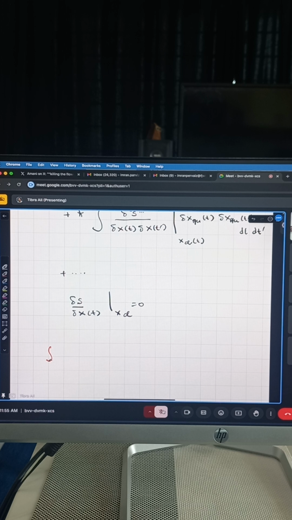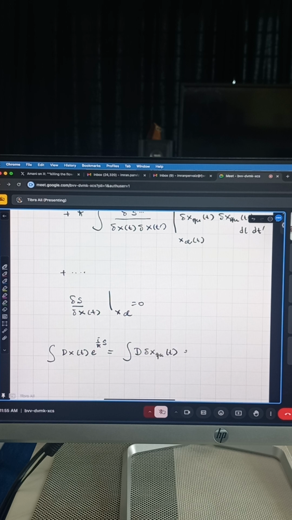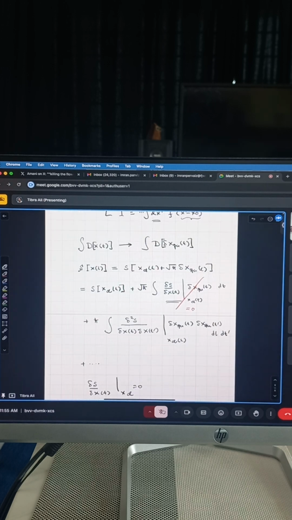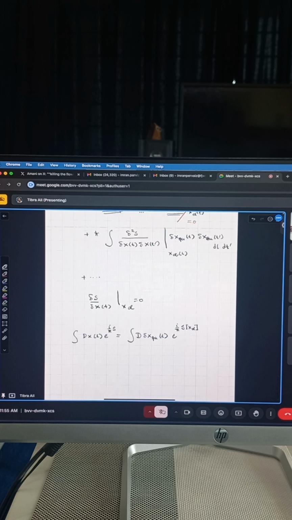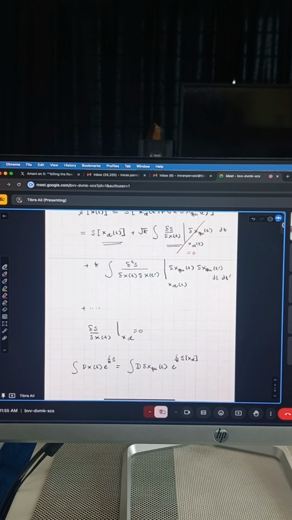So our path integral, which was before like this, now becomes an integral over the quantum paths. Now the leading term is the action evaluated on the classical path, and then this first order term is not there, and the second order term has h bar.